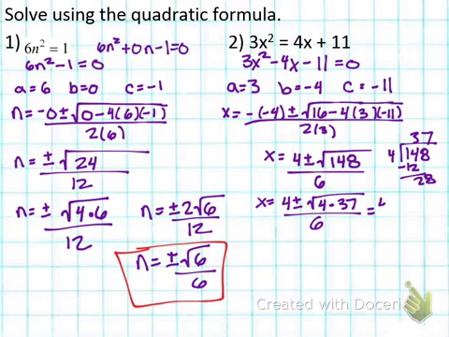And that 4 can come out again as a 2, so I have 4 plus or minus 2 root 37 all over 6. Okay? Okay, so this 4 here came out as this 2. And I can't simplify the square root of 37 anymore.